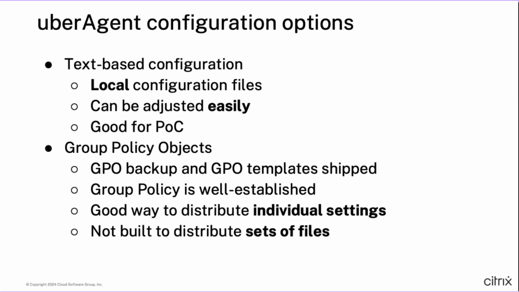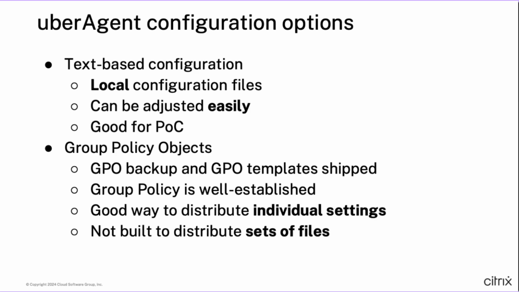The next option would be to configure uberAgent with group policy objects. So we provide a GPO backup and GPO templates with the download bundle, so you can configure the agent via GPO. The benefit of GPO is that it is well established in basically every enterprise environment, but it is only a good way to distribute individual settings.